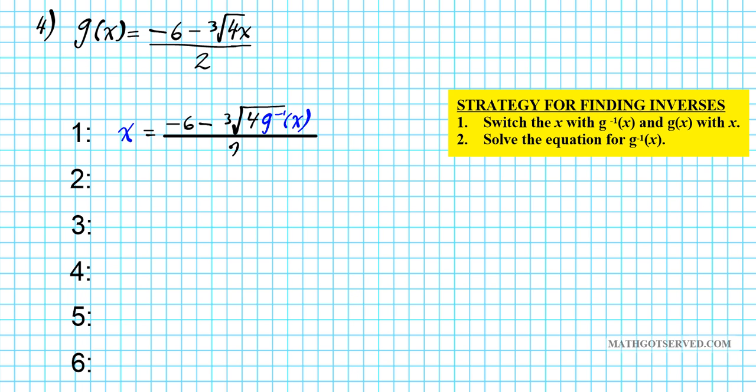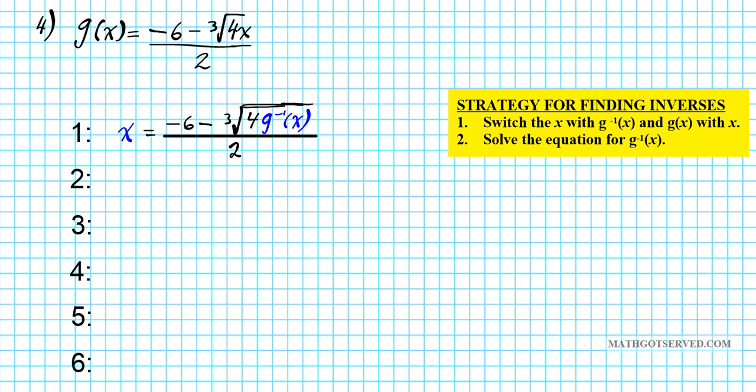Okay, so how do we carry out the next step, which is to solve for g inverse of x? To solve for g inverse of x, we'll simply get rid of the 2 in the denominator, the negative 6, this minus sign right here, the third root, and then the 4 in that order to get g inverse of x isolated.